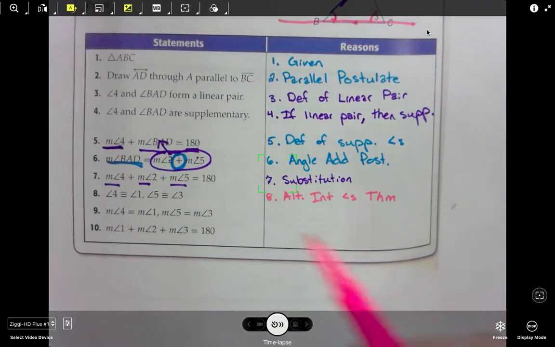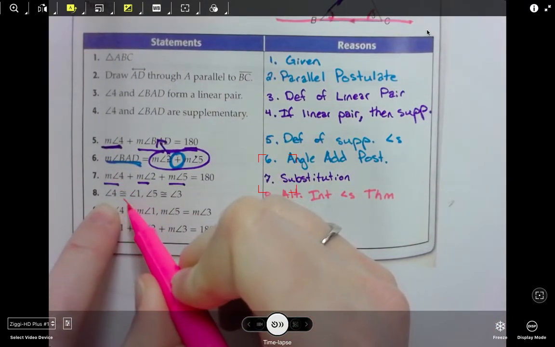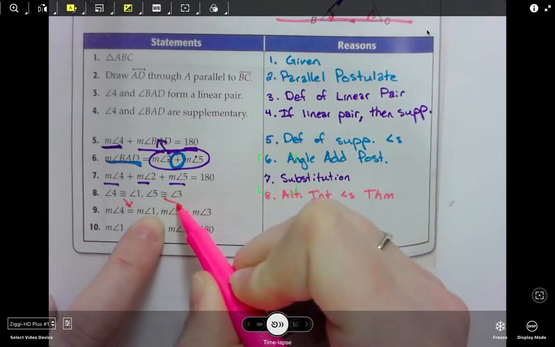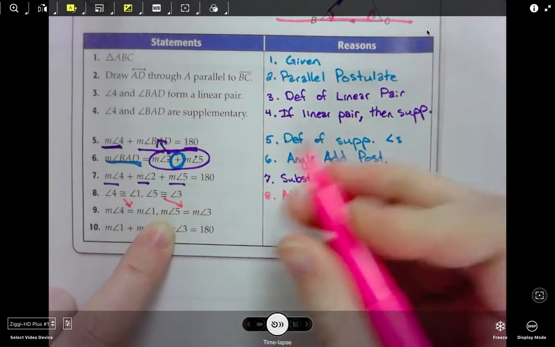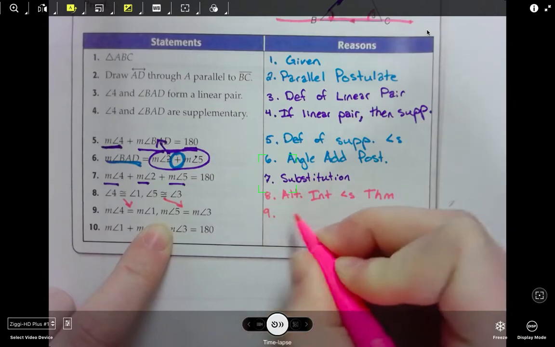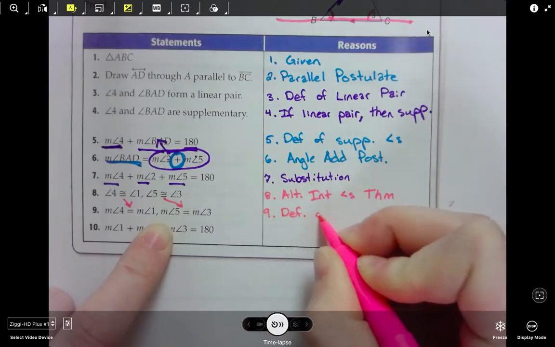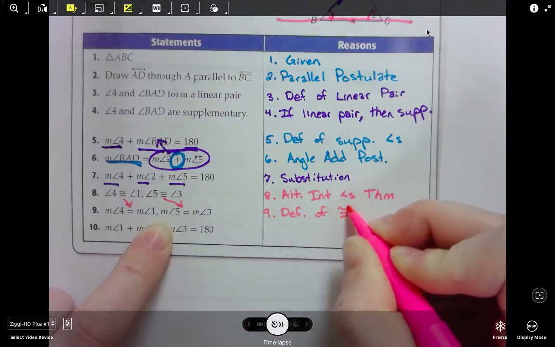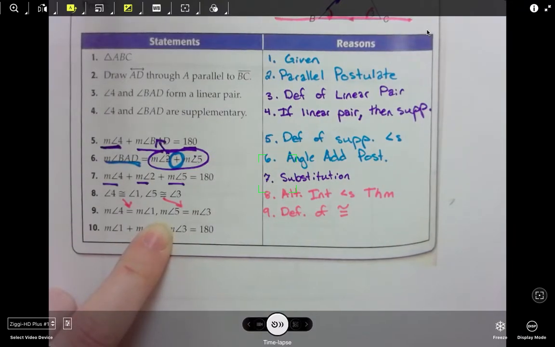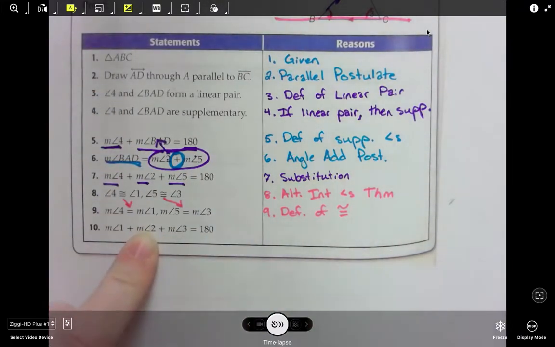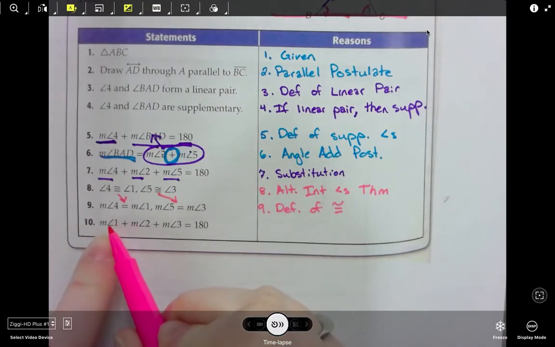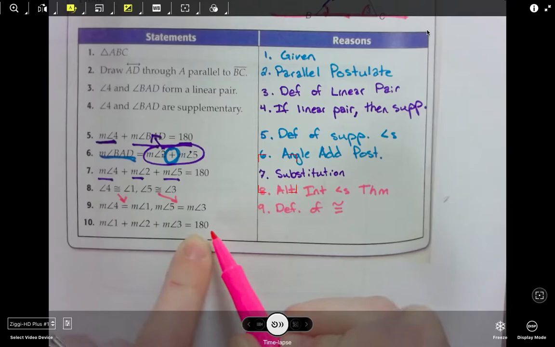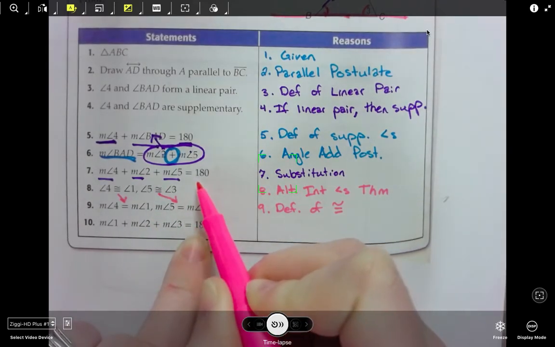And now we go from being congruent to equals, okay? And that was just definition of congruence. Remember we had that weird thing before, definition of congruent. That goes either from congruent to equals or equal to congruent. And then we went ahead and said, okay, that means that angle 1 plus angle 2 plus angle 3 is 180, which is kind of like what we said up here.